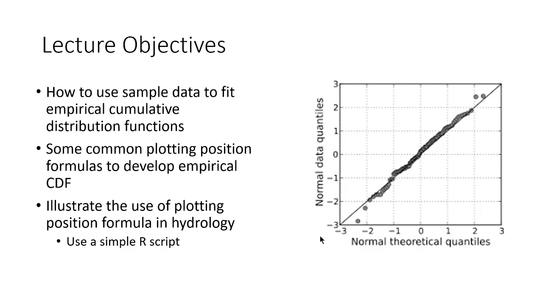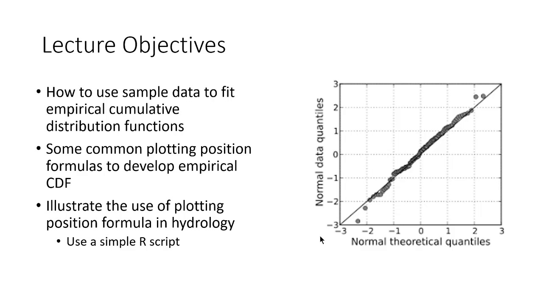So the lecture objectives are basically to see how we can use sample data, or the data that we have collected or observed, and fit an empirical cumulative distribution function to it. This process of obtaining a cumulative distribution function from sample data is also known as plotting position, or we make use of plotting position formulas.